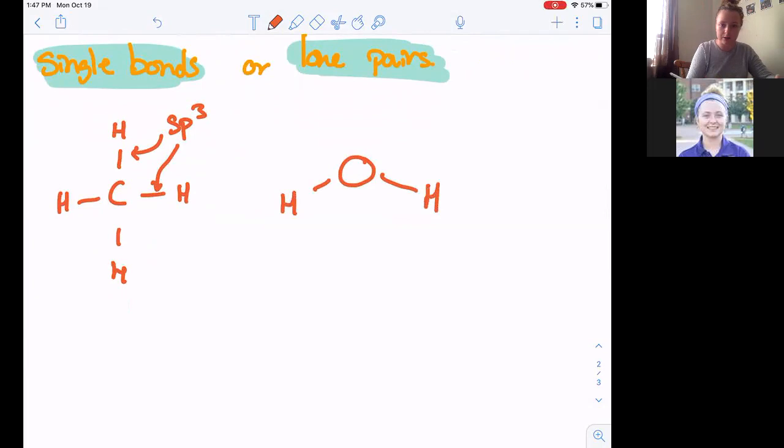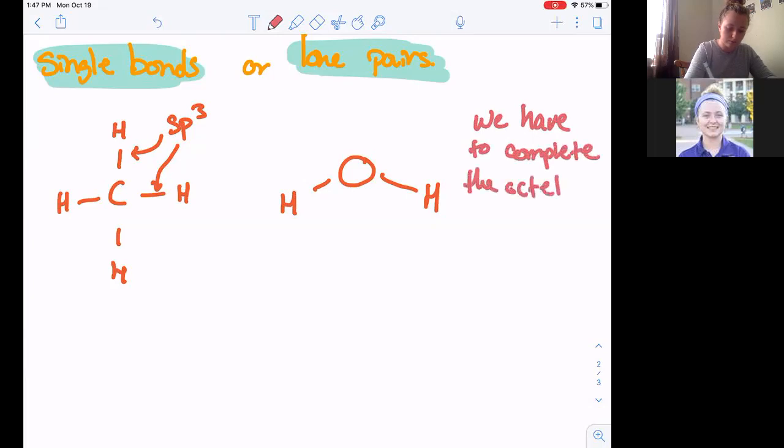and 2 hydrogens with water, you may be thinking, okay, that's not sp3, there's not 4 bonds. Okay, but the difference is that we have to complete the octet rule. So therefore, that's what these 3 dots means.